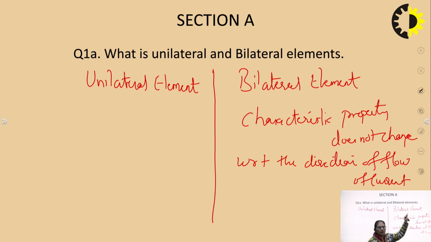The best examples for these kinds of elements are resistor, inductor, capacitor, etc.